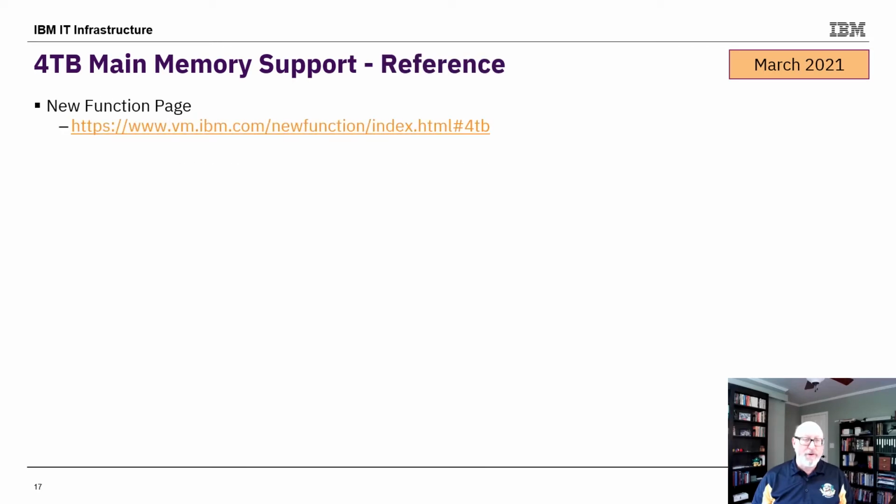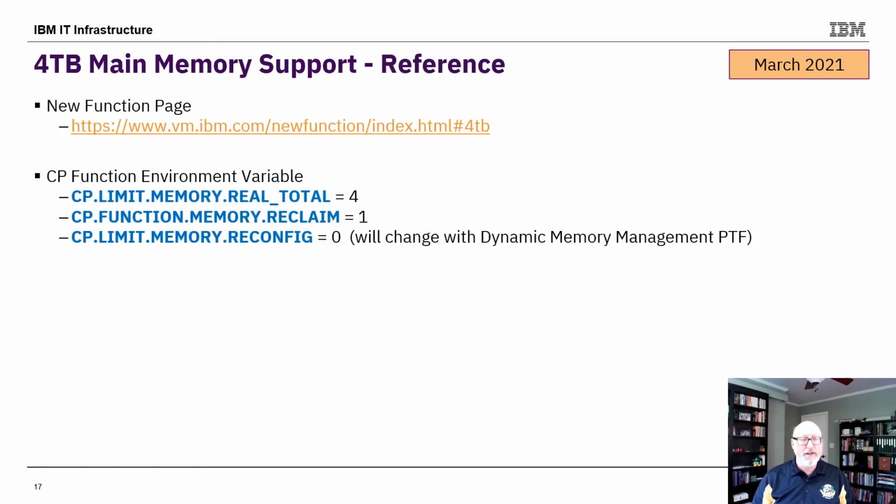So a little bit more information on that. You can hear more about it on the new function page. Also, this is one of the items where we had new CP function environment variables introduced. Now, this item is actually a little interesting, right? So with 4 terabytes, this code included the majority of the code that also supports dynamic memory management, in fact, memory reclamation, or dynamic memory downgrade, sometimes referred to as. When you look at those environment variables, you'll now see the limit is at 4.